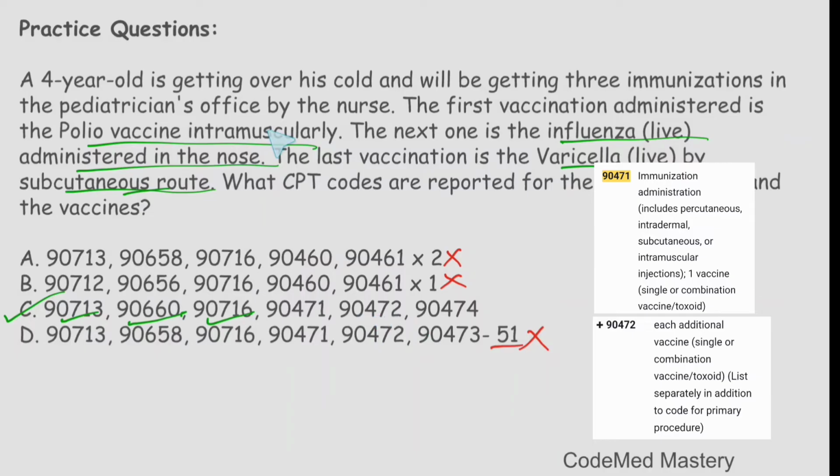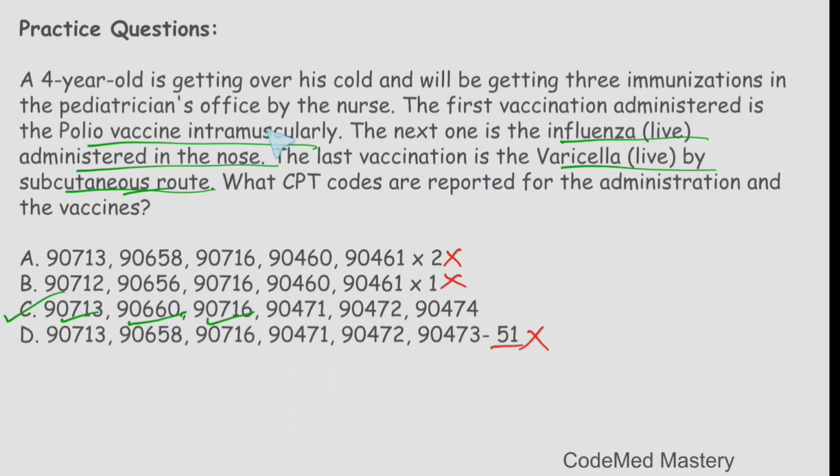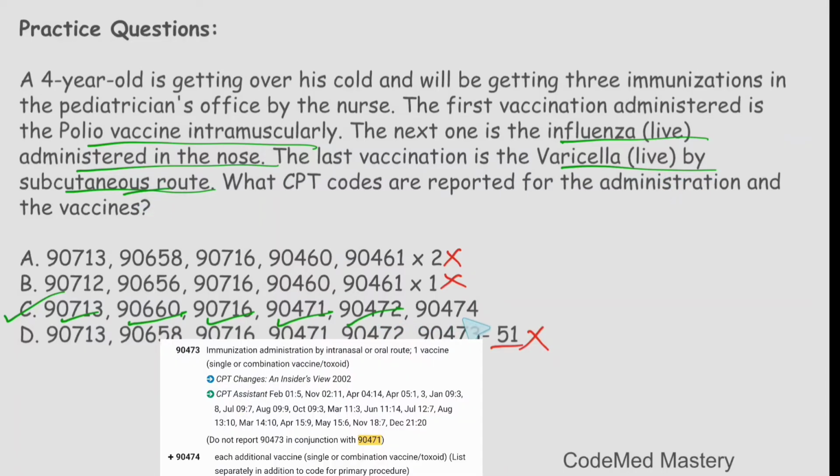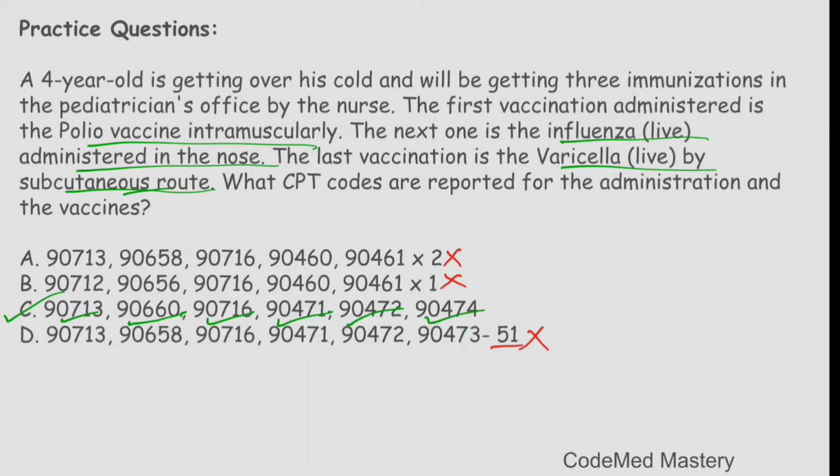You have to code 90471 for immunization administration intradermal, subcutaneous, intramuscular, right? So for polio vaccine intramuscular, they have mentioned 90471. And 90472 is for varicella live by subcutaneous route. And 90474 they have mentioned for influenza live administered in the nose. So 90474 is for that.